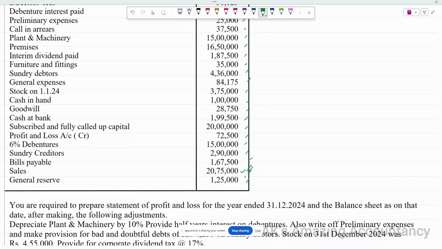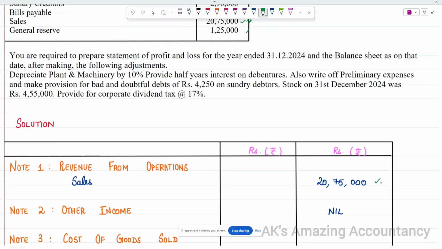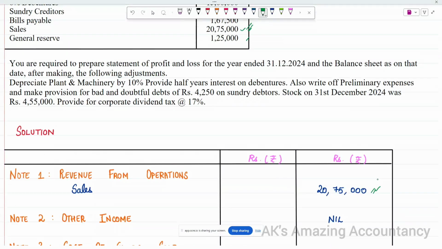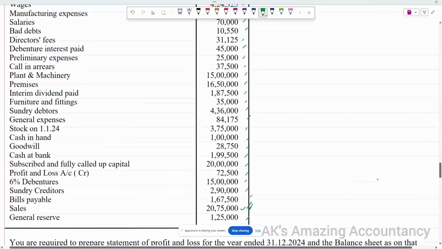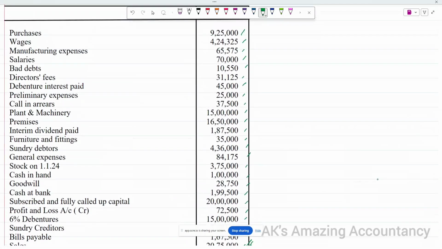So this 20,75,000 will enter here. Note 1 revenue from operations will be 20,75,000. And one important point you should always bear in mind: all those items which are given in the main information of the problem will affect your financial statement only once.